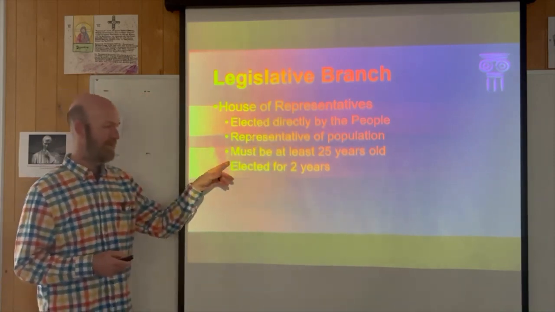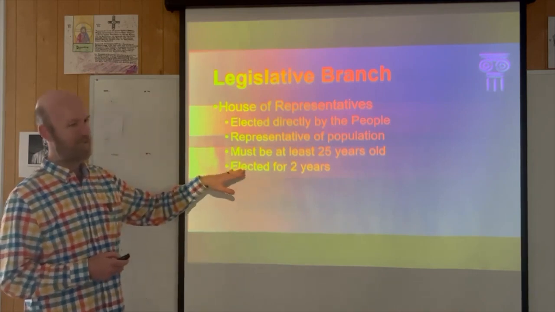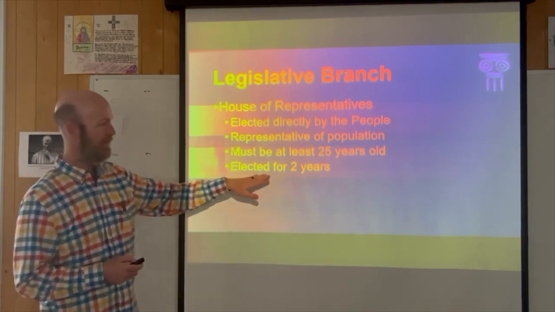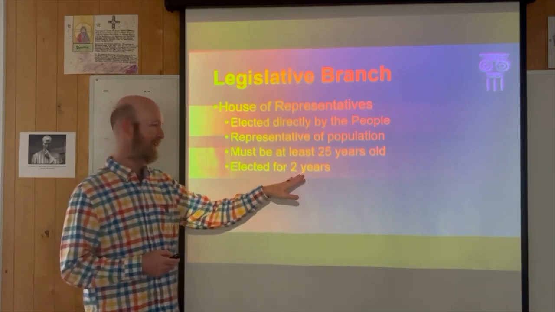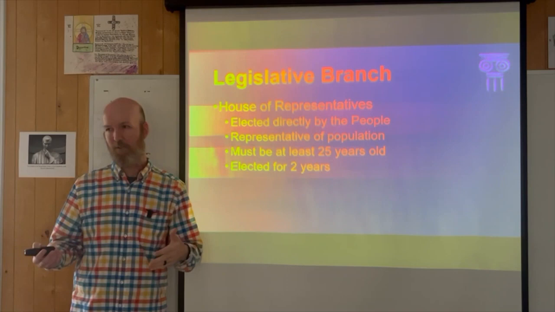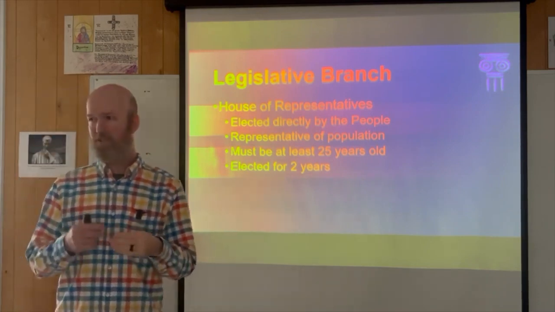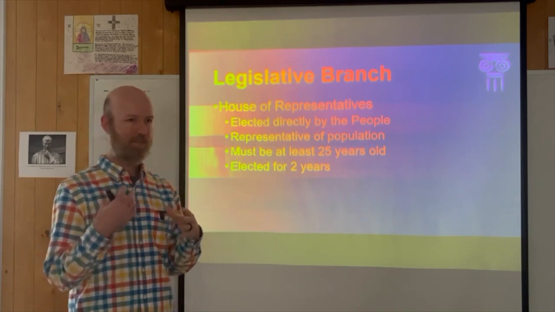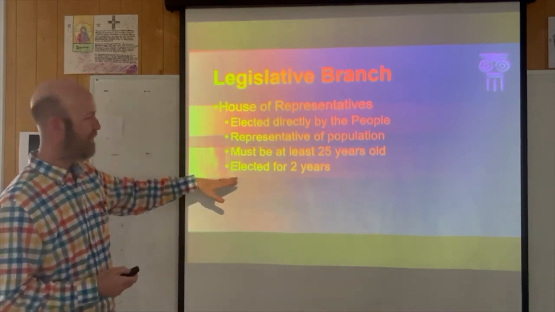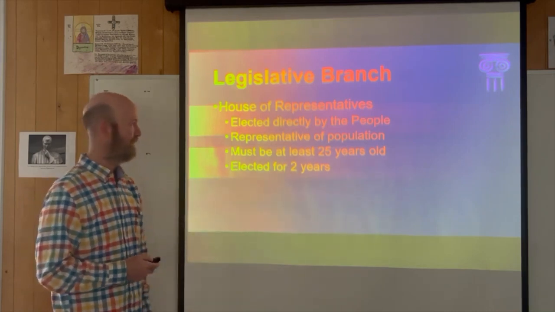In order to be a representative, you have to be at least 25 years old, and they're elected for 2 years at a time. The reason for 2 years, which is a fairly short amount of time, is that they have to keep in close contact with their constituents, the people they represent. That way, if there's a new, pressing issue, something people are concerned about today, the representatives have to worry about that because they're up for election within the next 2 years.